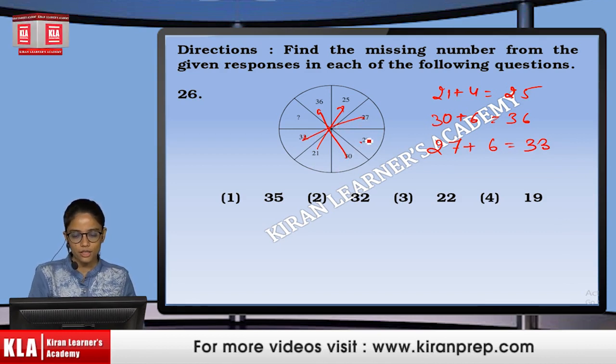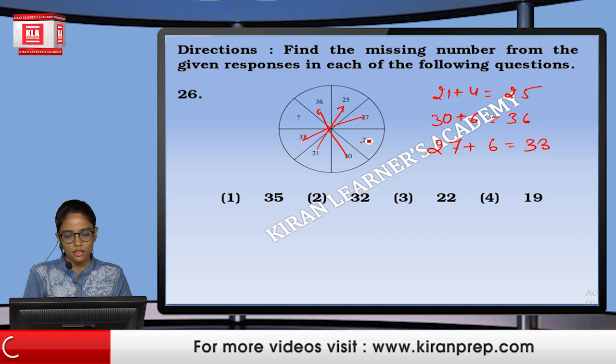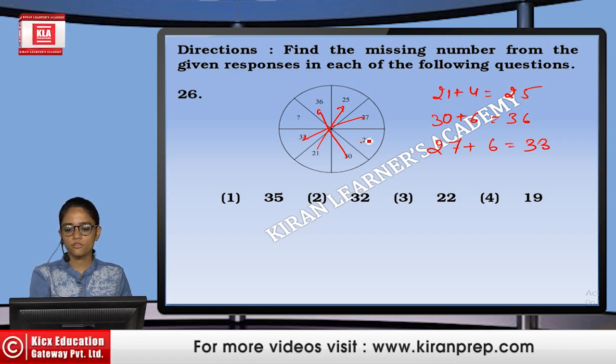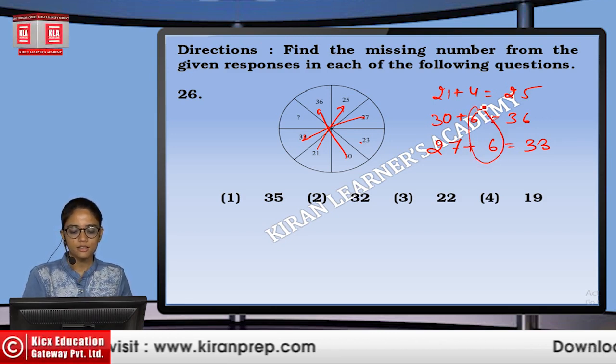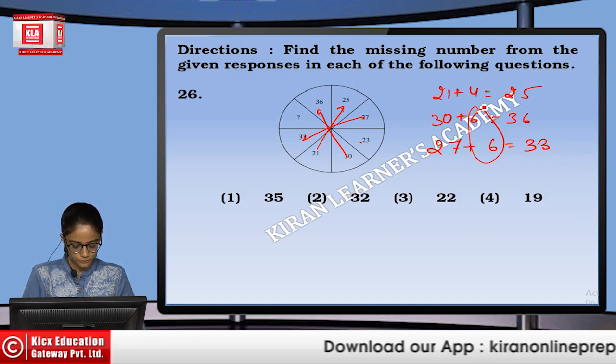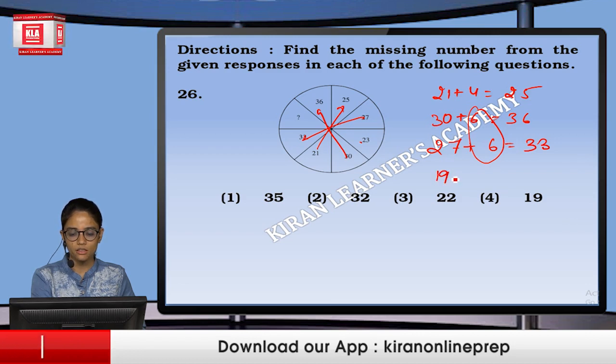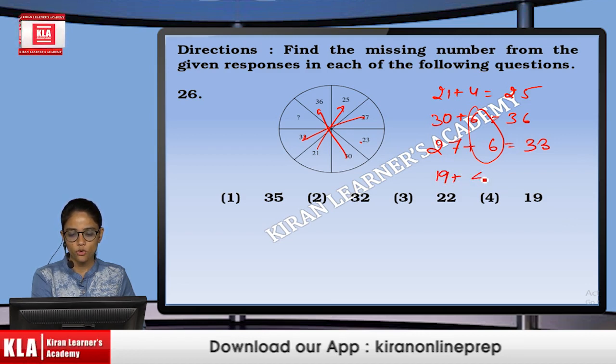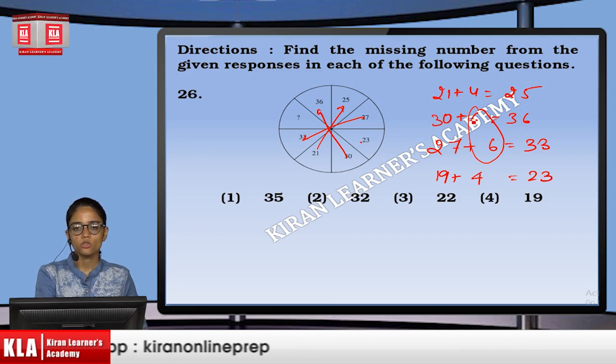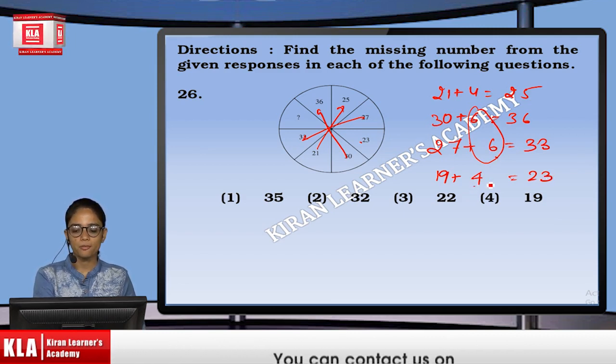So we have to add something to the number: two times we are adding 6, the other time we have to add 4. So let's see what we'll be adding. Like if we add 19 plus 4, that will give you 23. So 2 times 6 we are adding, 2 times 4 we will add, so the answer will be the 19 to add.